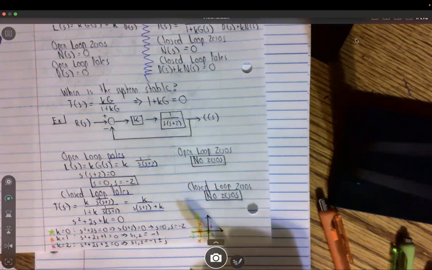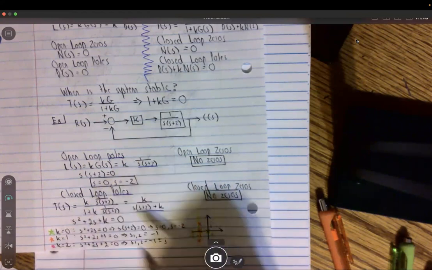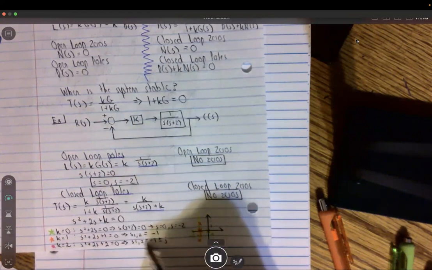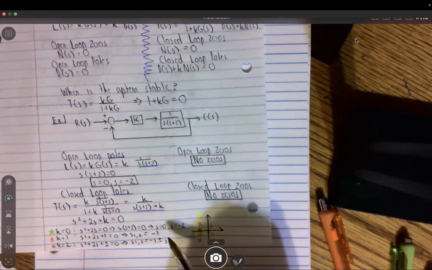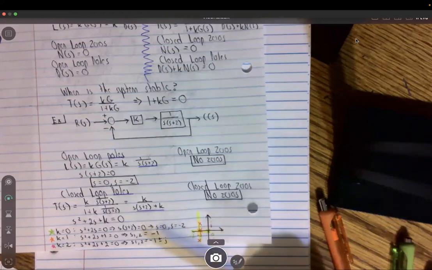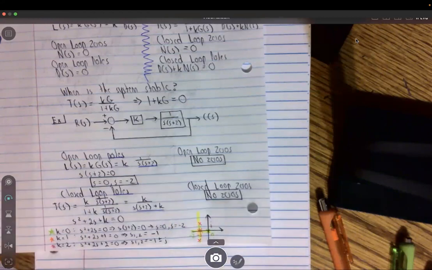But the biggest thing is there's 2 paths, one that goes up to positive infinity, and the other that goes to negative infinity. And notice that we have 2 poles. At each of these k's, we had 2 poles, 2 poles, and 2 poles. And so you'll notice with the root locus, based on the number of poles you have, that's going to determine the number of paths you have in your root locus.